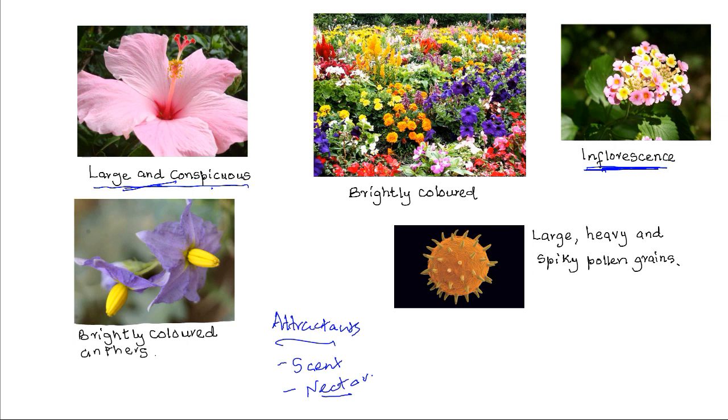The insect-pollinated flowers also produce large pollen grains with spiky hairs which cling to animals' body. So you can see this is a large, relatively heavy and spiky pollen grains. These are the spikes on the surface that enable the pollen grains to cling to the insect's body for some time.